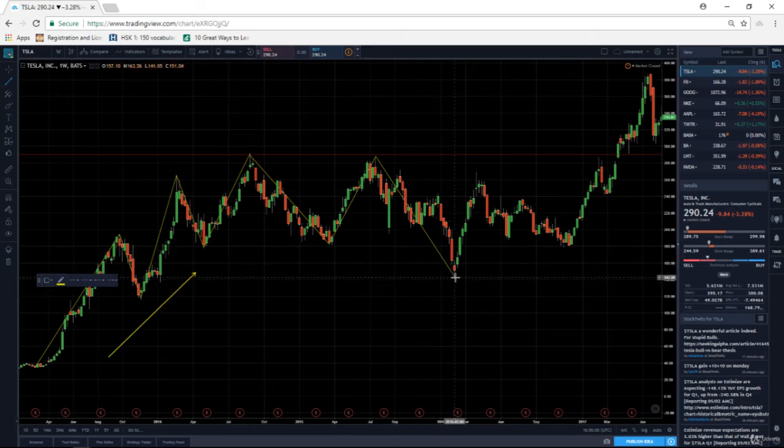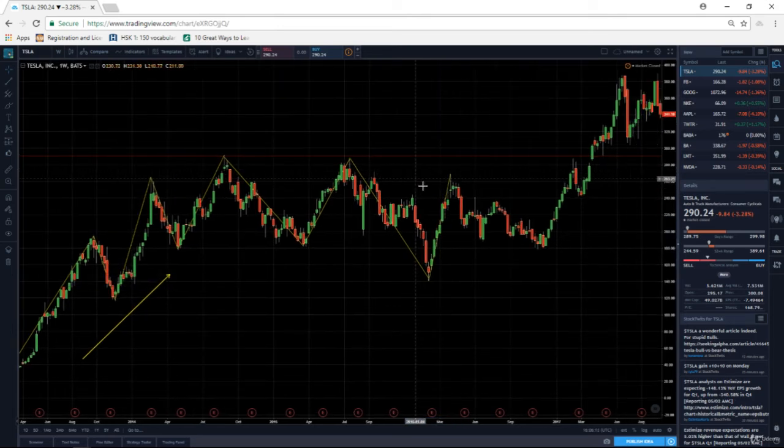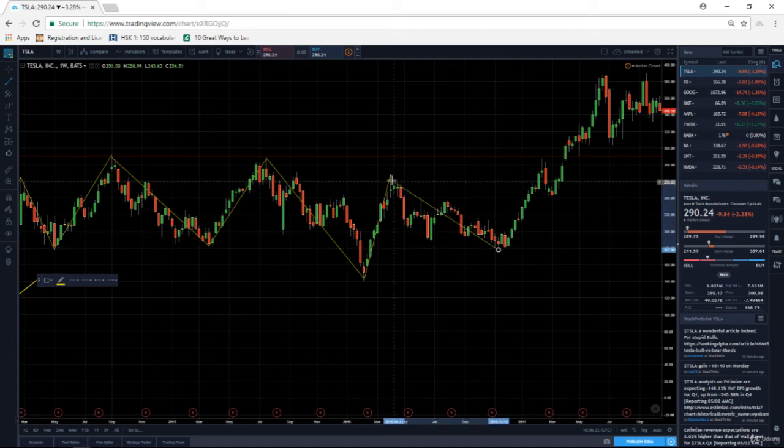So when it goes up, it cannot go higher than the previous high. And this analysis is pretty accurate. Then you keep drawing the lines. You're not interested in getting into this stock for now because it shows no power, thus it cannot break the previous high.